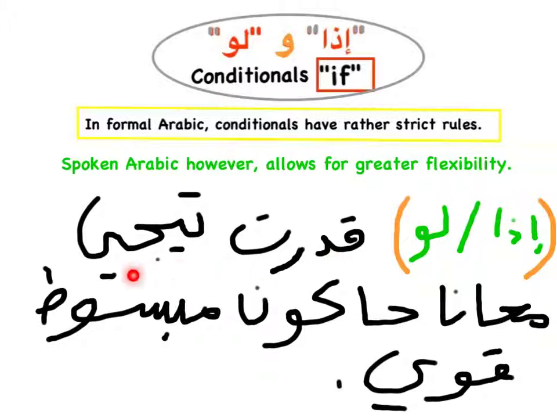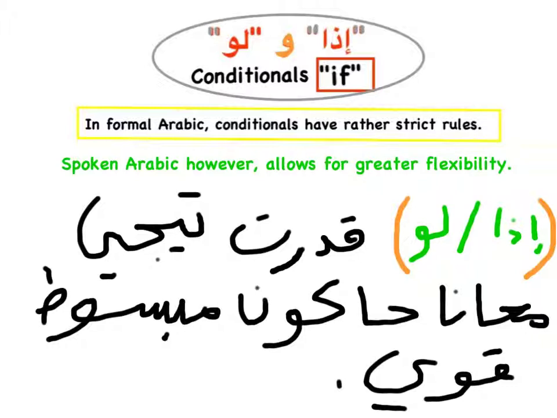So قدرت تيجي معانا, you were able to, so we have it, but you can also not use the past. So لو كنت تقدر or إذا لو تقدر تيجي معانا is also a possibility. حكون مبسوط قوي, we don't have the ف, we have ح, which gives the same meaning as ف, but it's not ف obviously.